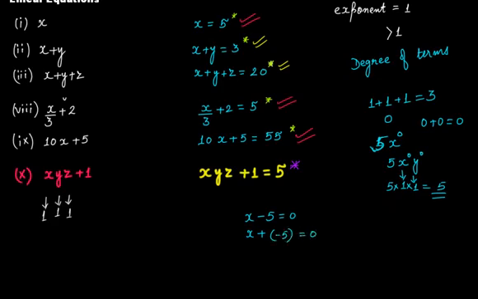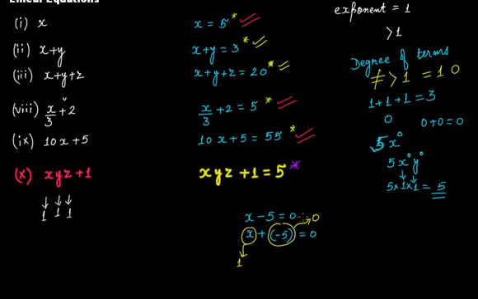It has two terms: the term x and the term minus 5. The term minus 5 has degree 0 and x has degree 1, because it has only one variable, and that satisfies the condition that the degree of terms should not be greater than 1. It should be equal to 1 or 0. So this is 1 and this is 0.